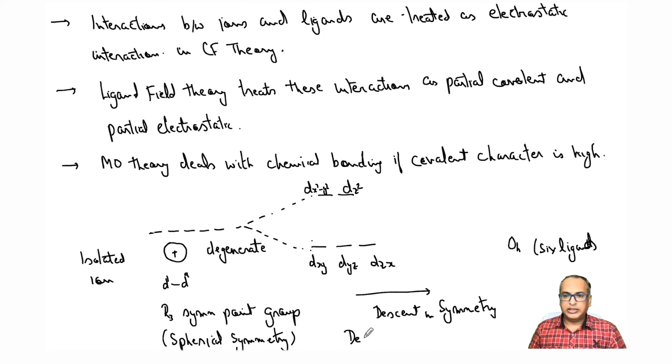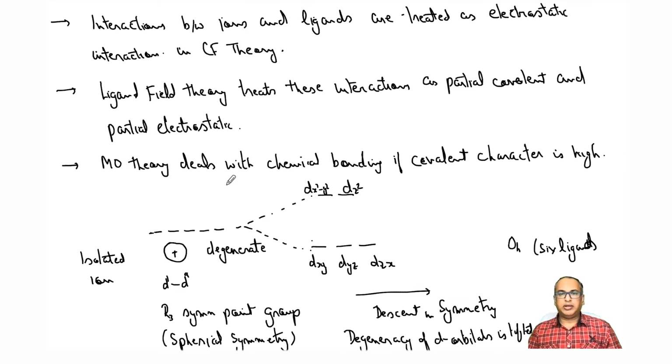So degeneracy of d orbitals is lifted, right? So now that the degeneracy is lifted, there must be some sort of an energy gap which is created.